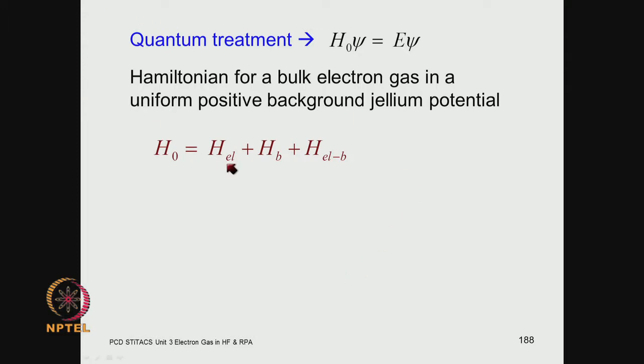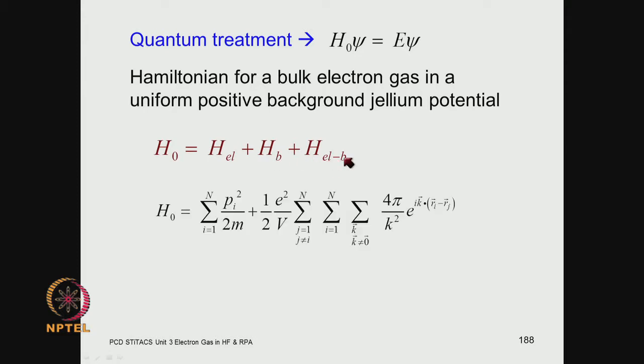So, it had these electron terms, it had the terms from the background, and it had the terms from the electron-background interaction. And we have shown that the sum of these three terms is equal to the Hamiltonian for a bulk electron gas, in which you have got the kinetic energy of the electrons plus the electron-electron term expressed in these Fourier components of the Coulomb interaction, except for k equal to 0, because it is the k equal to 0 term which cancels the background terms Hb plus these two terms, right, that we have discussed in our previous classes.